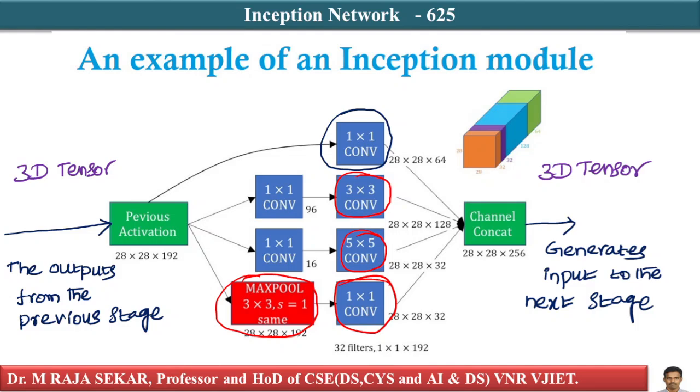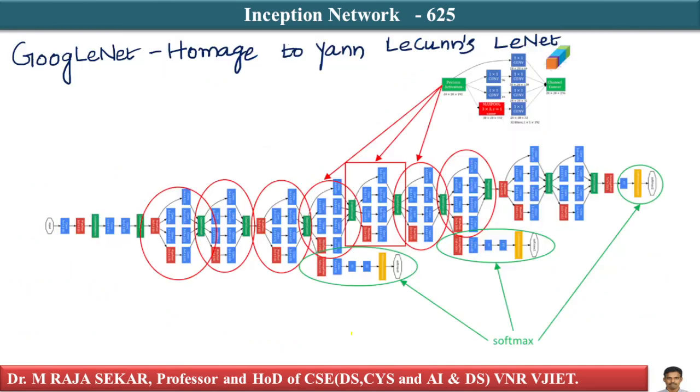So the actual Google Inception Net is also sometimes referred to as GoogLeNet. Just observe, your L is capital, and it is a homage in respect to Yann LeCun's LeNet, a 1998 net. So Google named their network Inception Network.